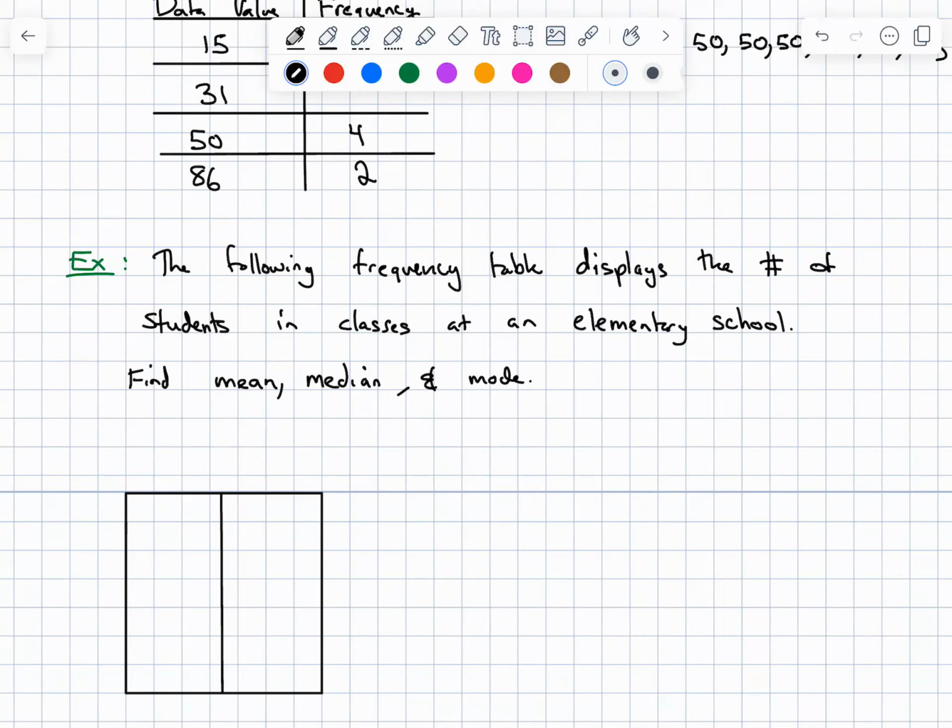The first column will be titled students. The second will be frequency. I'm going to do dashed lines for the rest.